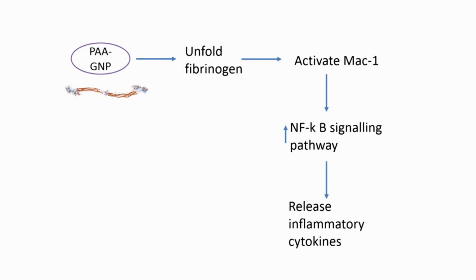So, what the authors have done in this paper is they have taken gold nanoparticles, and they have coated this gold nanoparticle. During synthesis it uses various polymers, and one of them is PAA, which is polyacrylic acid.